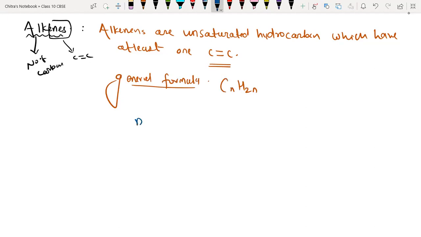Now we will understand an example also. Suppose we have n equals 2. Then we will have C2H(2 into 2), so it will be C2H4. We have to draw the structure for that. Here we have a carbon-carbon double bond, and we know carbon has valency 4, so each will combine with 2 hydrogen atoms on both sides.